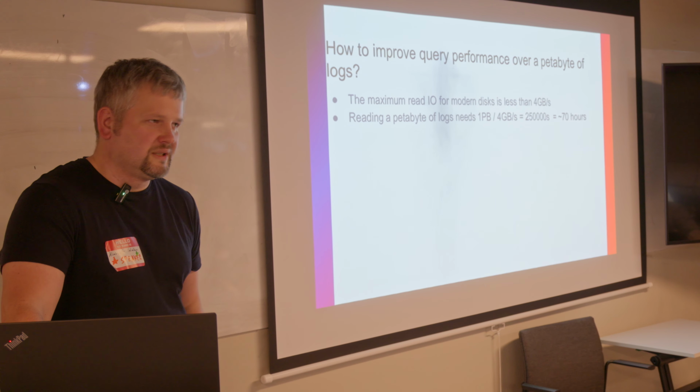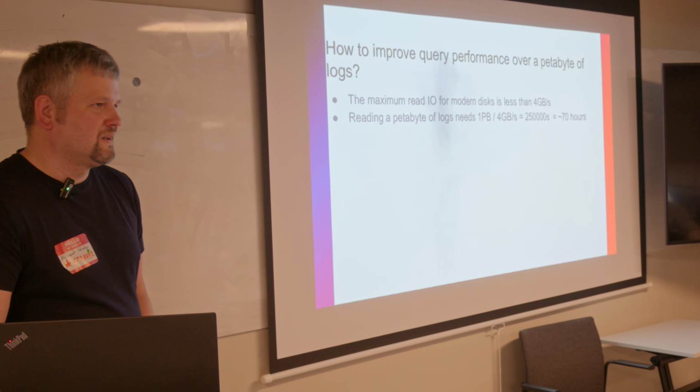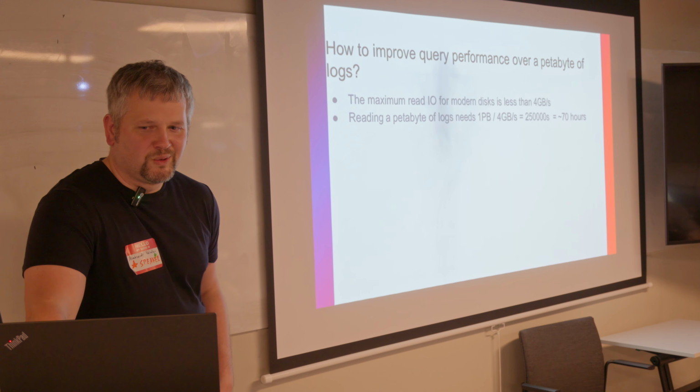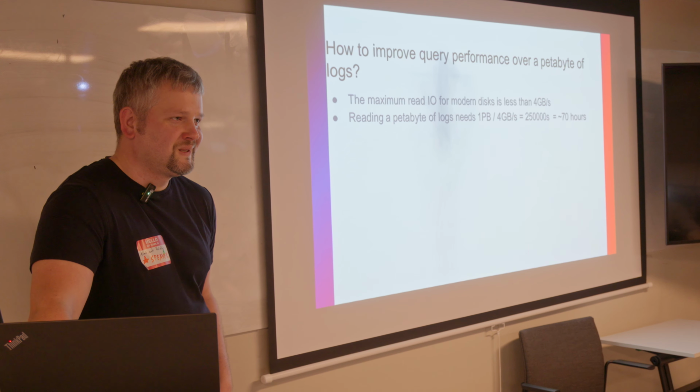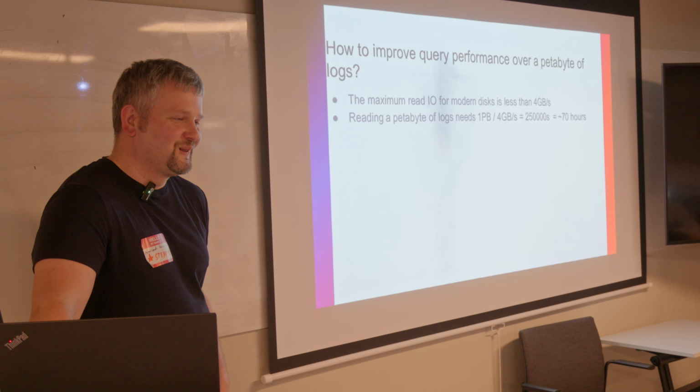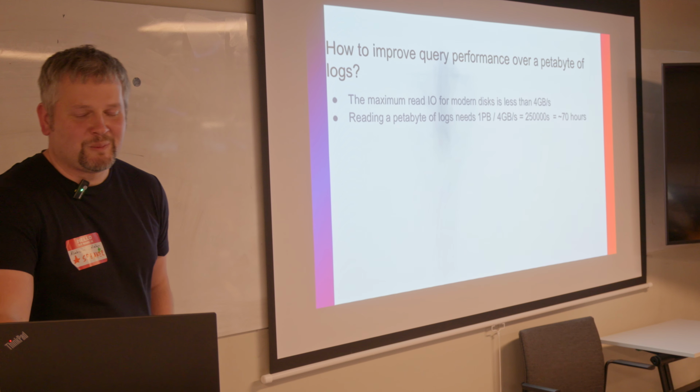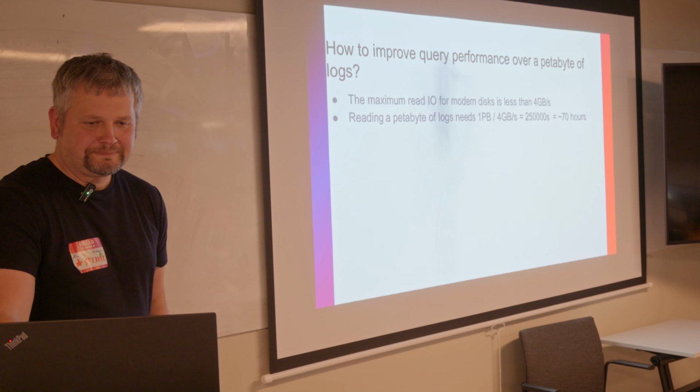And if we divide 1 petabyte by the disk read speed, 5 gigabytes per second, you'll get 70 hours. And this doesn't look like a good number for reading and querying a petabyte of logs. How to improve it?